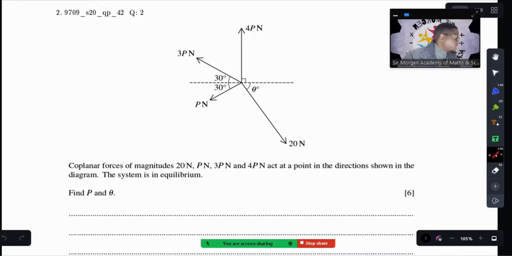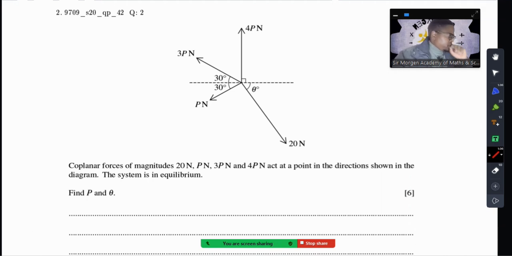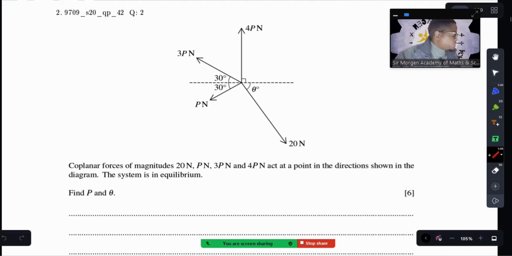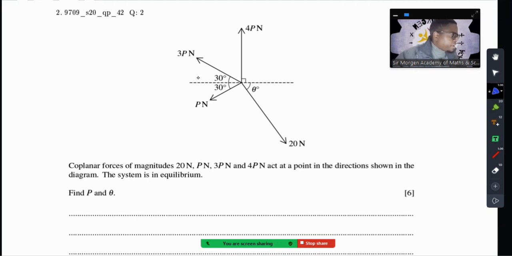Two, is it three forces that are not perpendicular or parallel to the plane, right? So we have the horizontal component of the 3p newtons in this direction, and its vertical component in this direction, right?